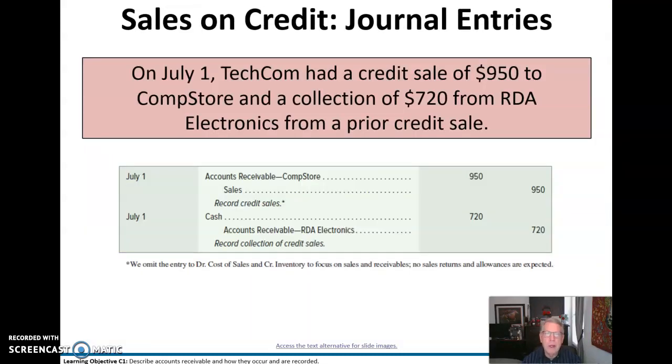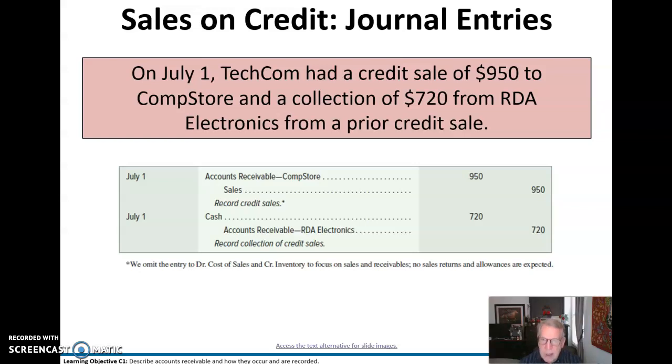All right, so here's an example. We're going to make a sale on credit here, and on July 1, TechCom made this credit sale of $950 to CompStore, and they also collected another receivable from another company, RDA Electronics, from a prior credit sale.